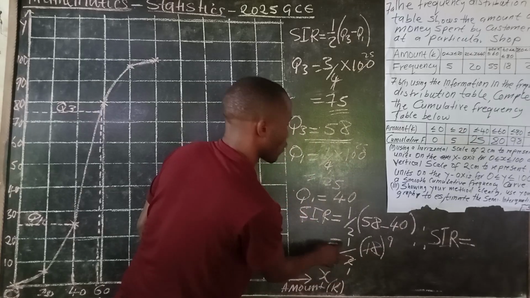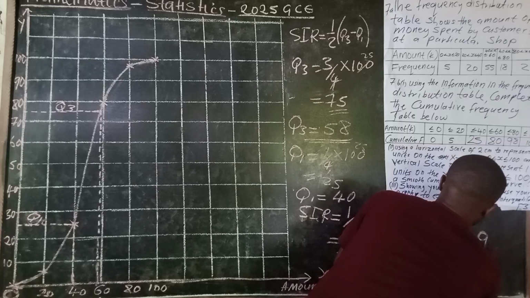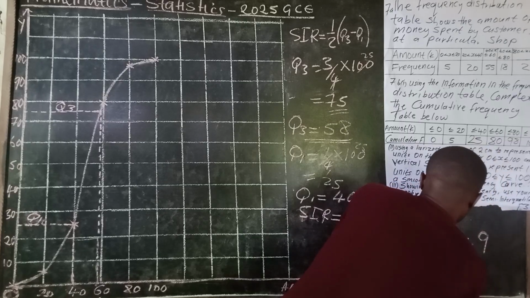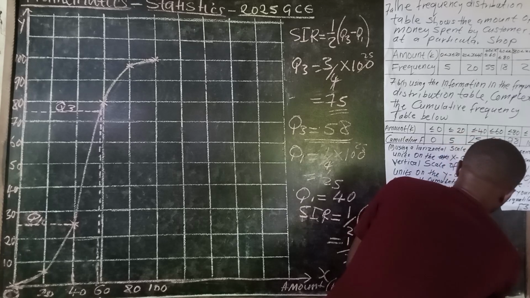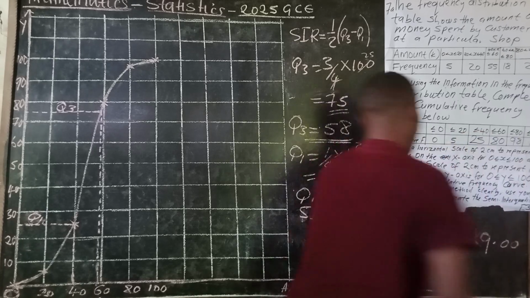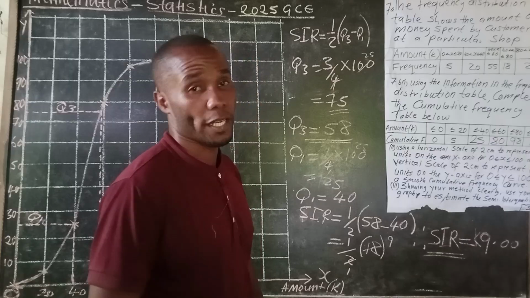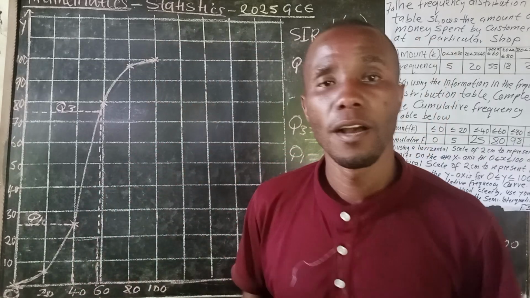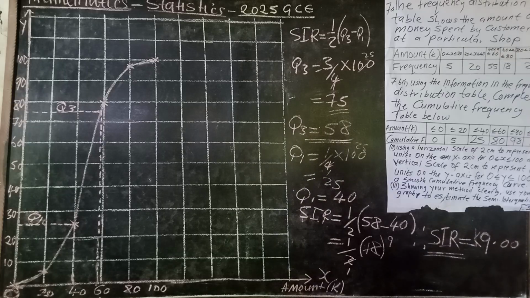Then 9 times 1, the answer is 9. So we are in quarter, so that is 9 quarter. That is the semi-interquartile range according to the question that we are given.